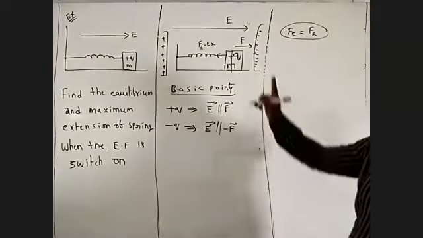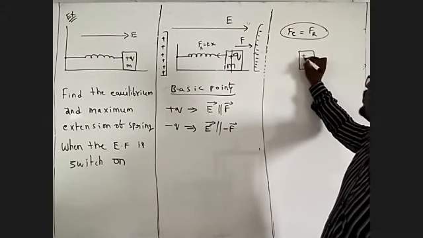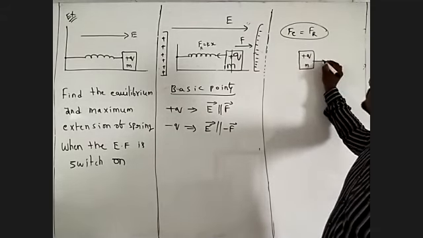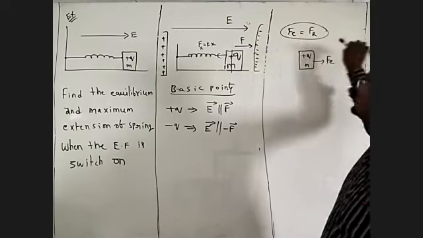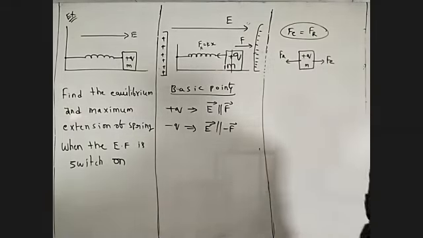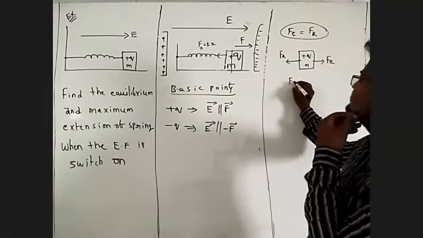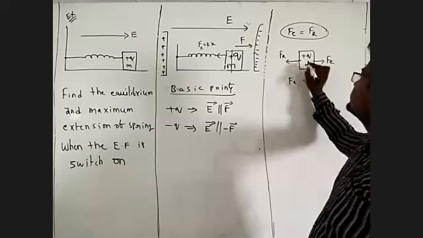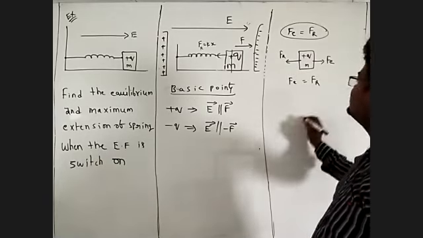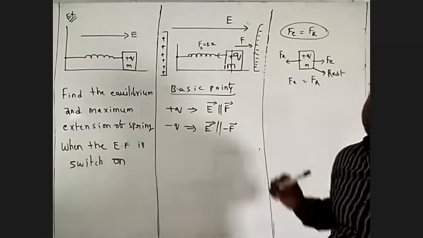How many forces act on the block, which is a positive charge of mass m? The electrostatic force in this direction and the spring force in the opposite direction. Both are equal, so F is equal to Fr, and the block is at rest because the forces are balanced.